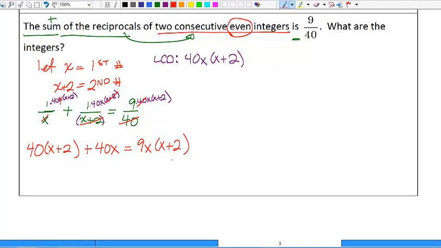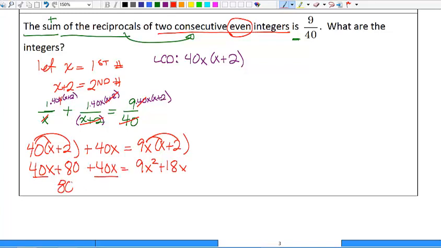So I need to do a little bit of distributing and combining like terms here. Looks like I can combine 40x and 40x to get 80x on the left. And I want all of my values to be on one side of the equal sign.